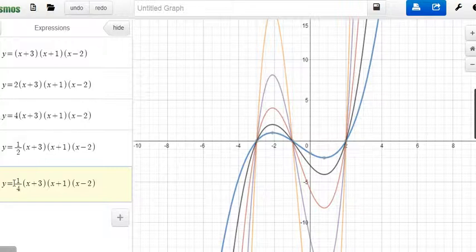Let's move this out of the way. This shows you in color what the graph looks like. It asked you to sketch them, keyword being sketch, so you could just refer to it.